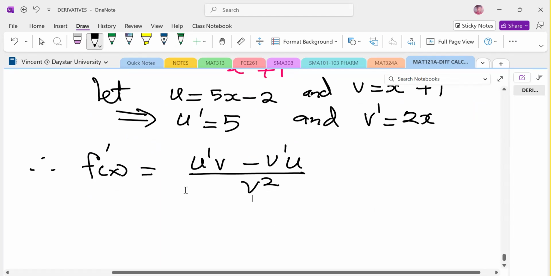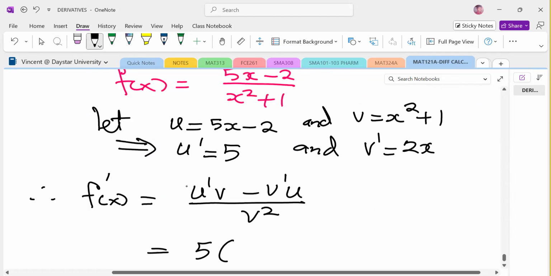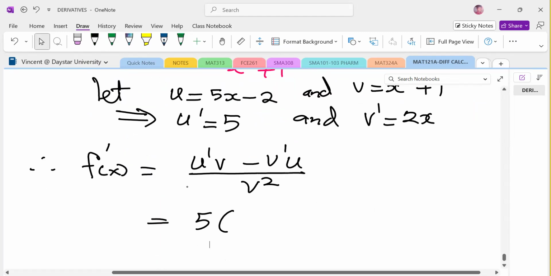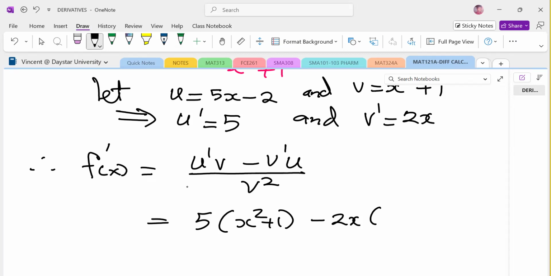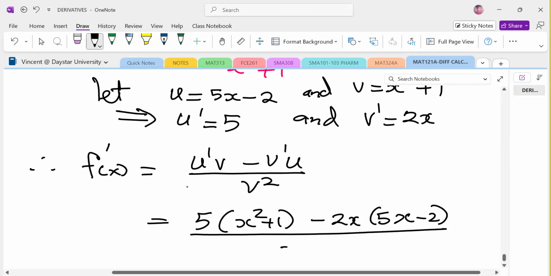Then you substitute accordingly. So we'll have 5 into x squared plus 1 minus v prime, which is 2x, then u is 5x minus 2, divided by v squared, which is x squared plus 1 squared.